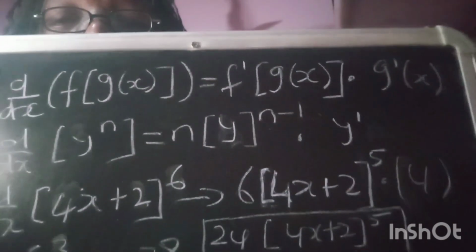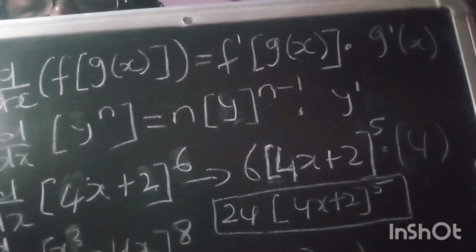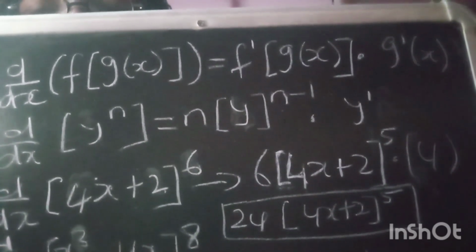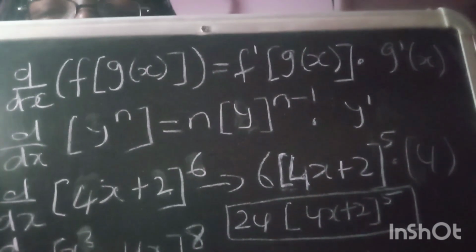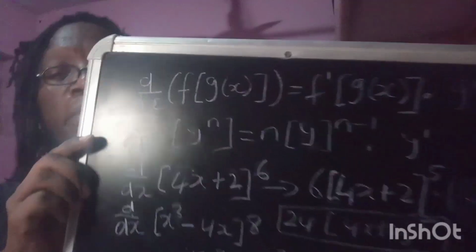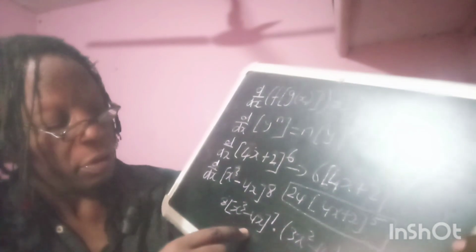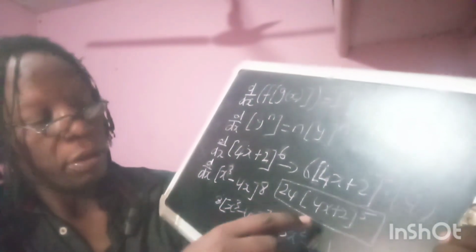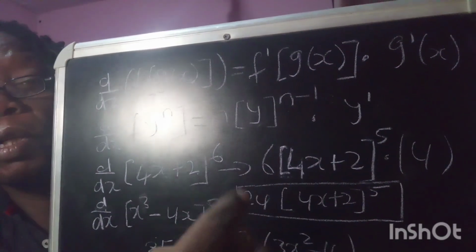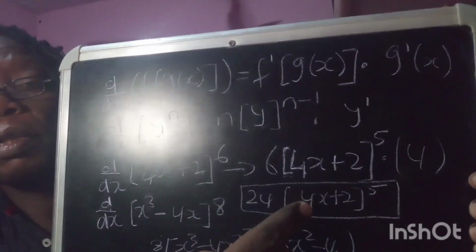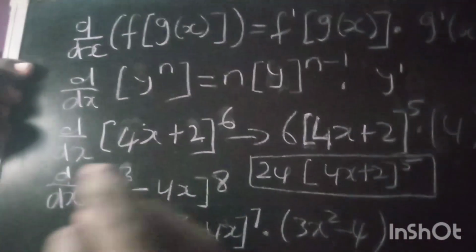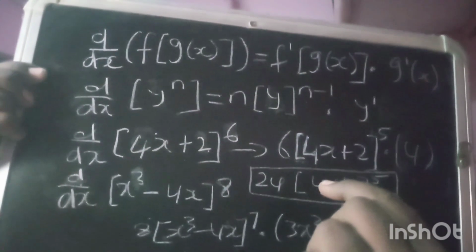After writing that, we're going to multiply 6 times 4, that's 24, and the inside will be 4x plus 2 to the 5. I've drawn a square here. So this is the answer.